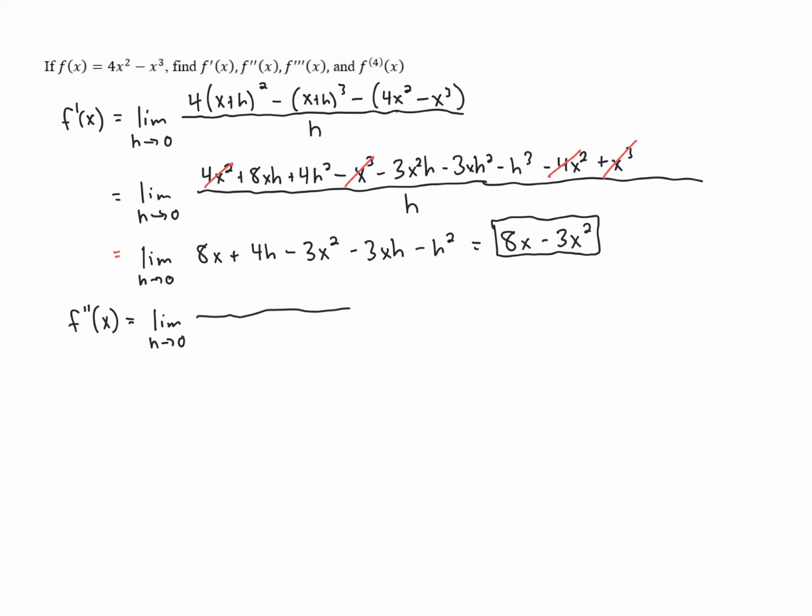So this is going to be 8 times x plus h minus 3 times x plus h squared. That's our function, f prime of x plus h, and then minus f prime of x, which is going to be 8x minus 3x squared all over h. All right, let's do this on the next line.